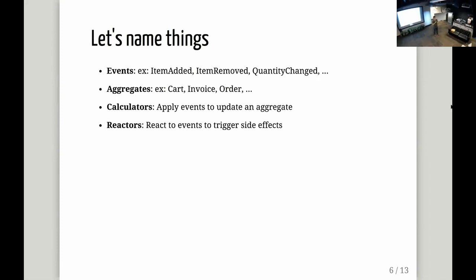Reactors will just react to events and perform side effects. They might send notifications out, or they might actually create new events. Like the one we've seen before, you had a reactor that was monitoring the cart and then figured that a second item had been added. And so it fired an event to then display the promo code.